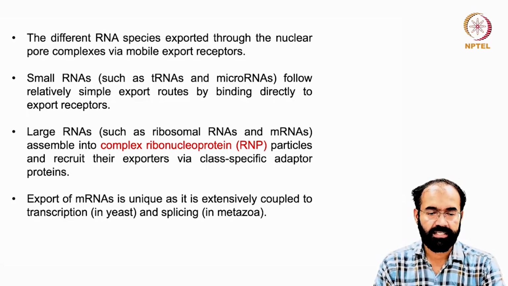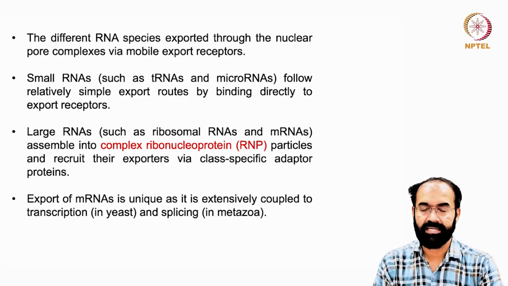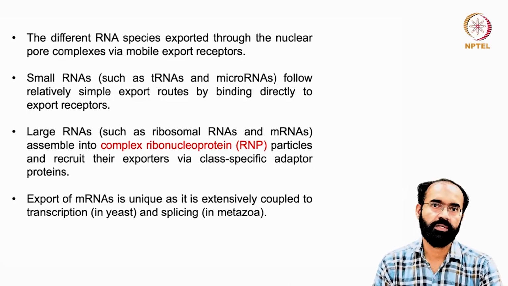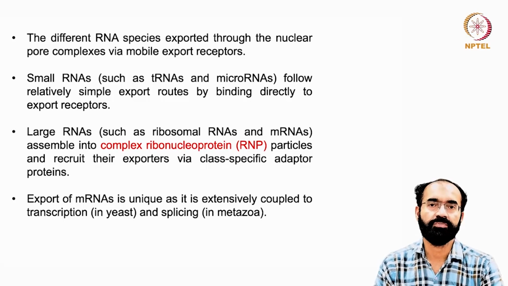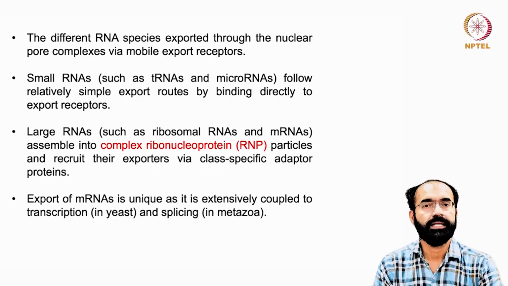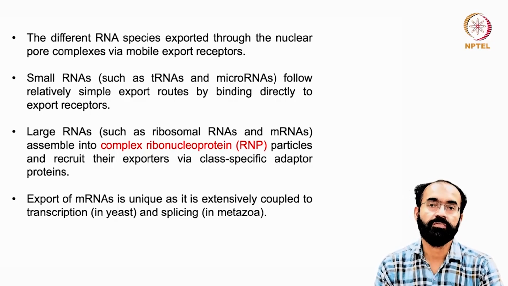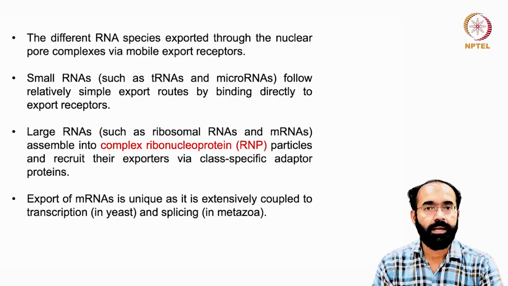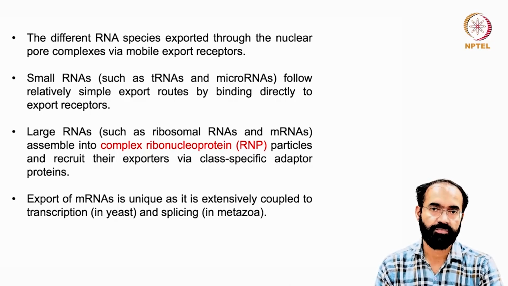And we were here in the previous class discussing the nuclear export and nuclear import of various RNA cargo into and out of the nucleus. The mRNAs follow a different strategy, a different track, unlike the rest of the RNA, which depends on the RAN GTPase cycle.